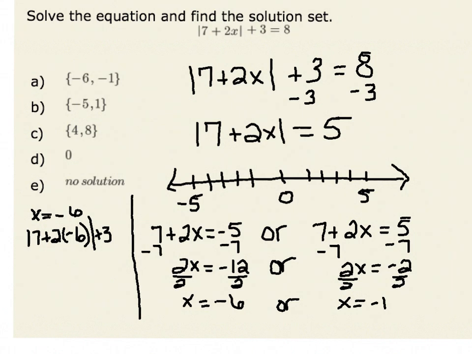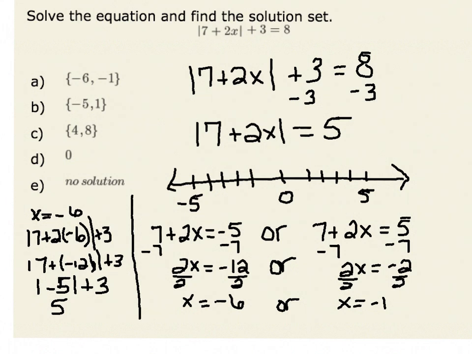Taking 2 times negative 6 gives us negative 12, so we have the absolute value of 7 plus negative 12, and then we add on 3. 7 plus negative 12 is negative 5, plus 3, and the absolute value of negative 5 is 5.